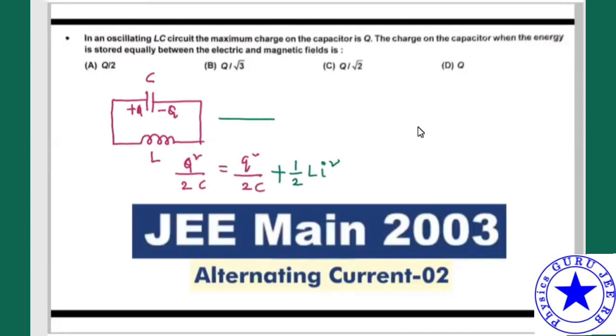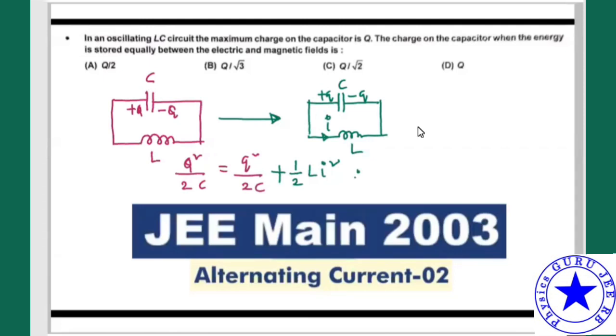Here L, with current I passing through it, here plus Q, here minus Q, and this is the capacitor C. So when the capacitor and inductor have an equal amount of energy stored, then we use that.